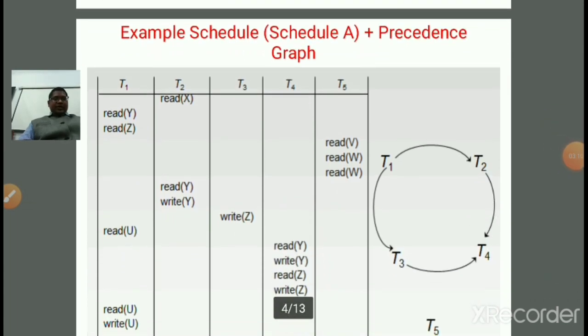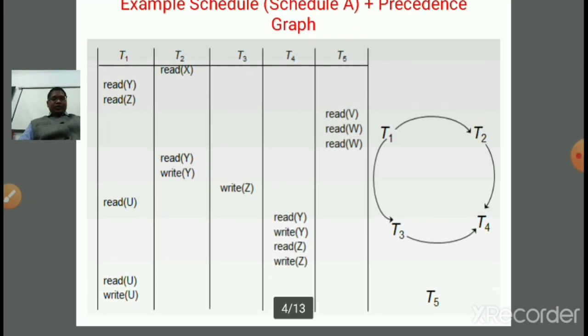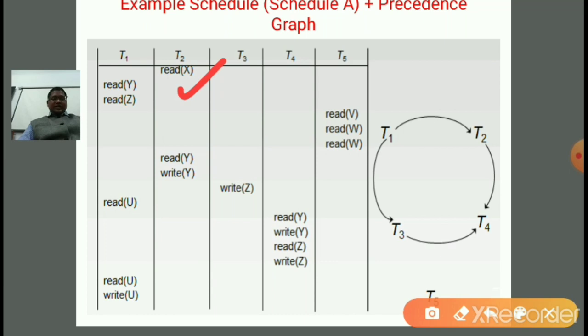Now see, schedule A and the precedence graph are both written here in parallel. If you see T1, T2, T3, T4 and T5, there are five transactions in this schedule. T2 is started and T2 is performing a read operation on X. After that we are switching to T1.